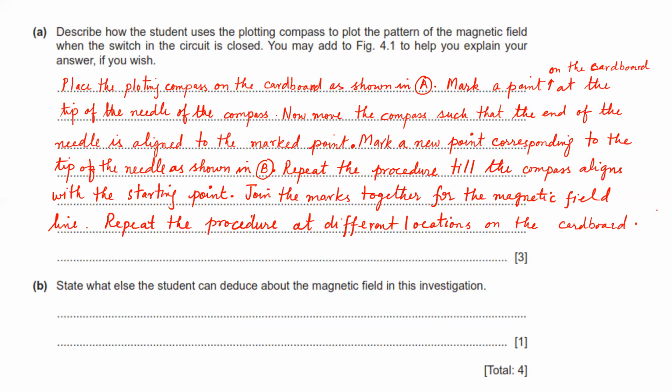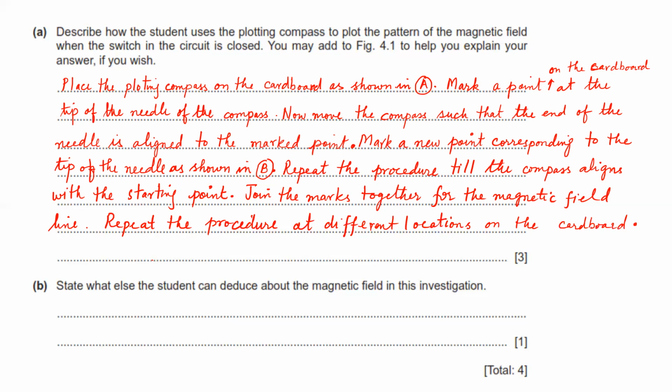Okay, so this is how you will be able to draw the complete magnetic field lines for this current carrying conductor that is passing through a cardboard.